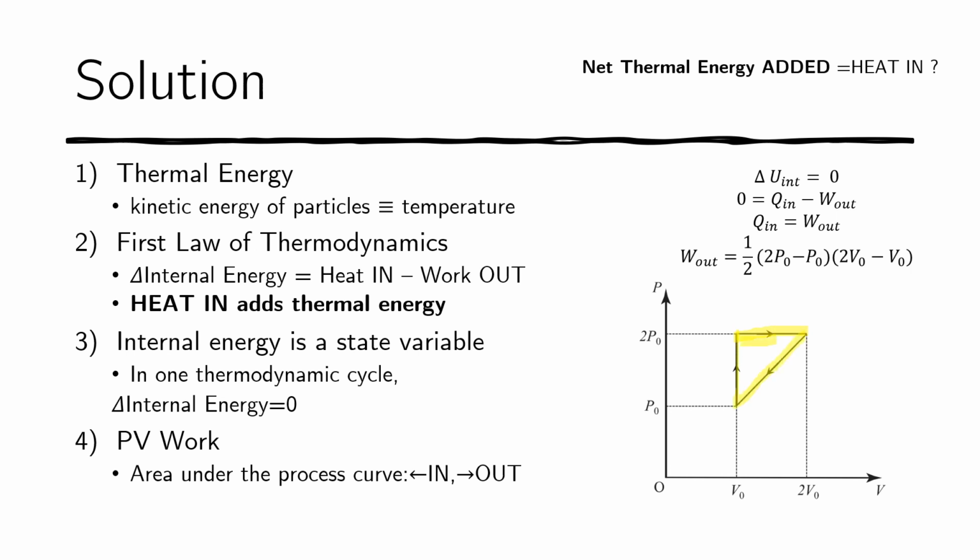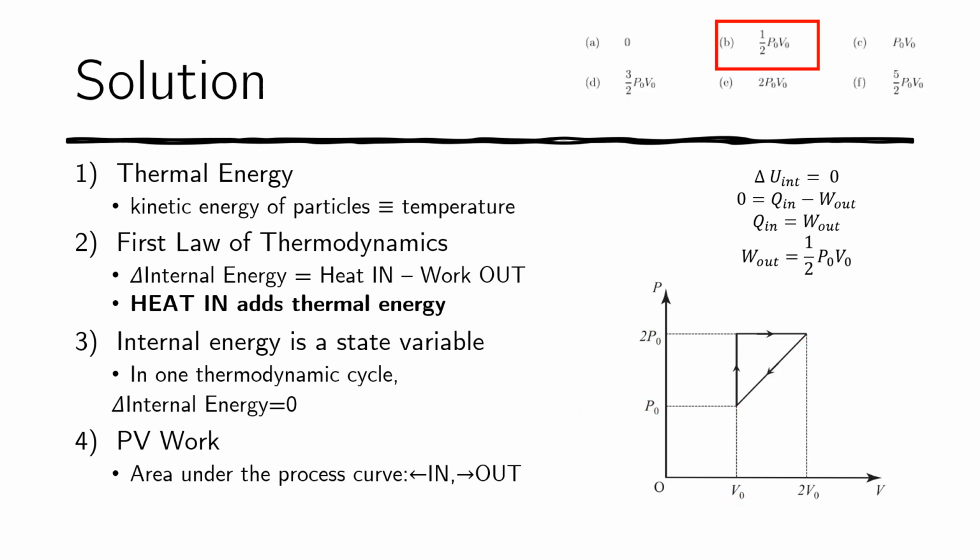So the base would be 2V sub o minus V sub o. So that's just V sub o. And height is just 2P naught minus P naught. And 1/2 base times height is the area of this triangle. And so that is just equal to this quantity, 1/2 P naught V naught, which is this answer here.